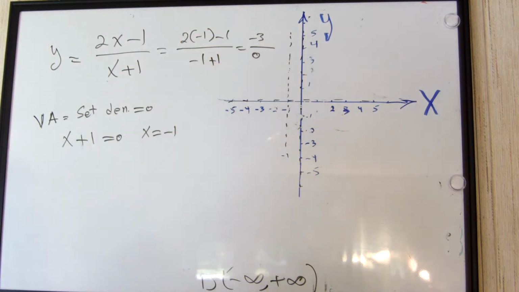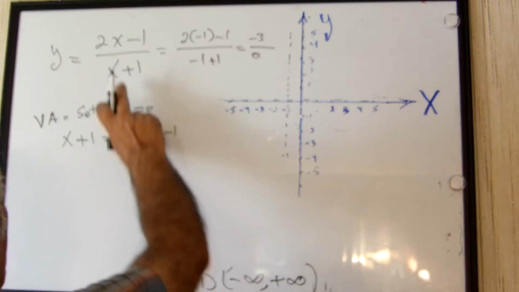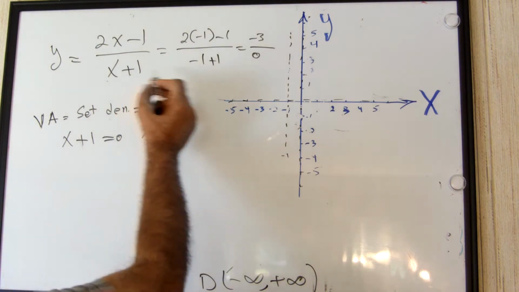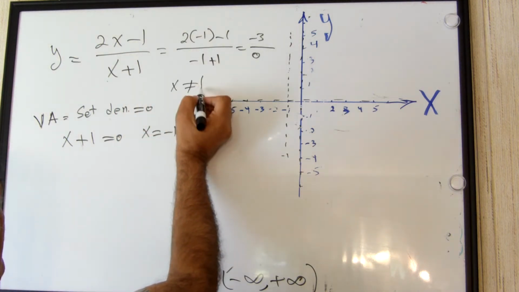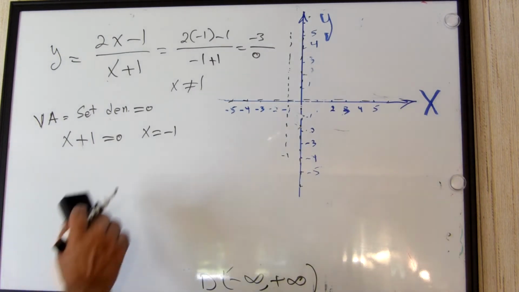A number divided by 0 is undefined. So you can't give x the value minus 1; x not equal to minus 1, any other number can be. Okay, let's get to the point of drawing this.